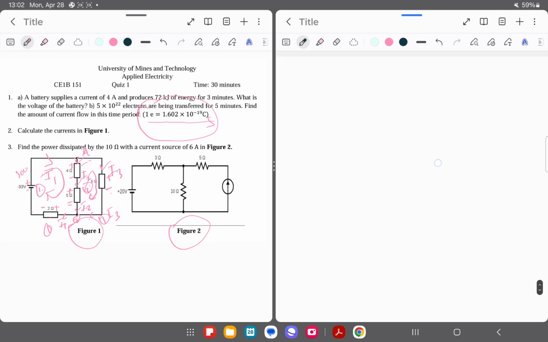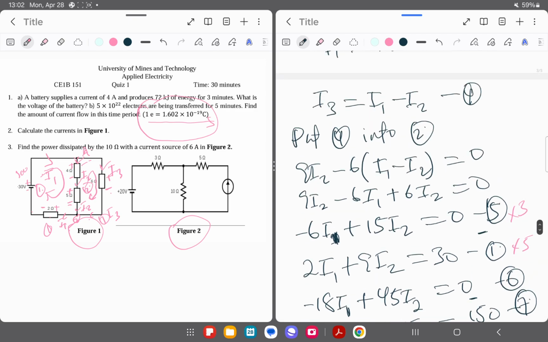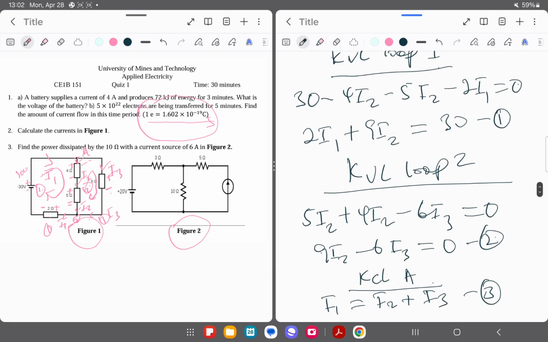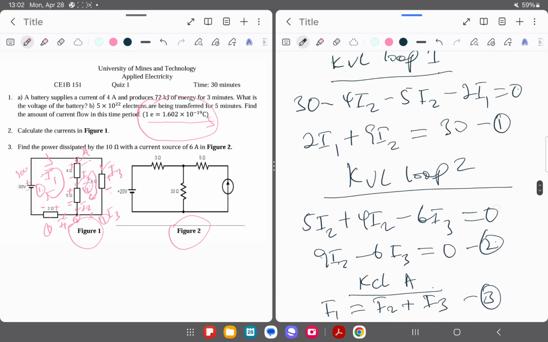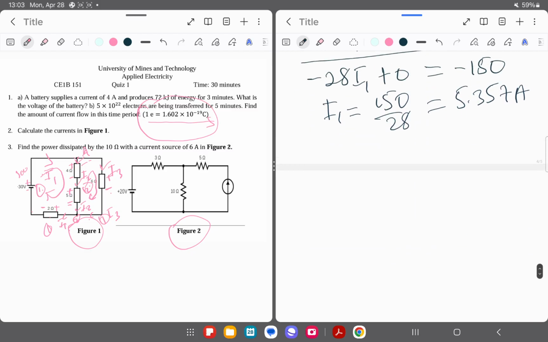Now let's see how we can find, for example, I2. You can go to equation 1 and make I2 the subject because we know I1 now. In doing so, I2 is simply going to be equal to 30 minus 2I1, over 9.